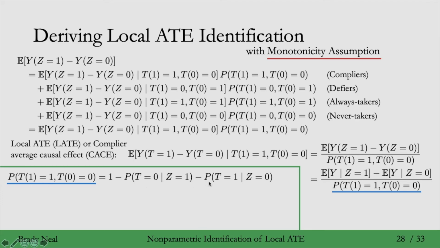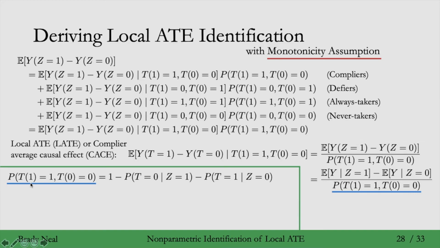And similarly, for this probability, for the always takers, this probability could have corresponded to people who were either always takers because they have t equals 1, or people who were defiers because the t doesn't match the z here. But we know that it's actually just the probability for the always takers because we've assumed away defiers. Okay, so the monotonicity assumption is doing a lot of work for us in this derivation right now. We saw that it helped us get rid of defiers up above, right up here when we crossed out this term.